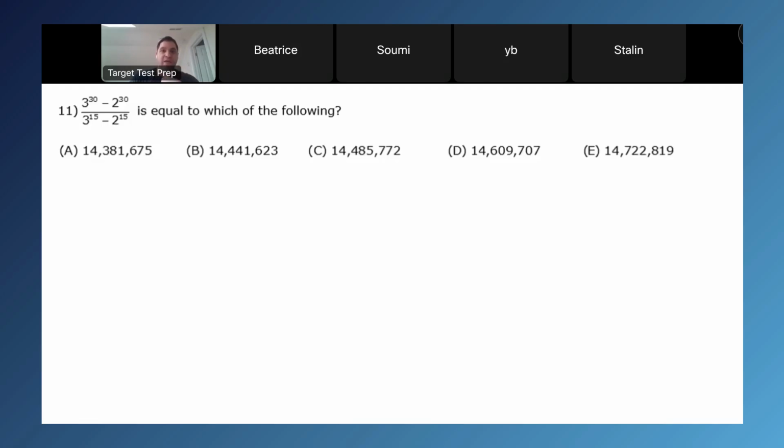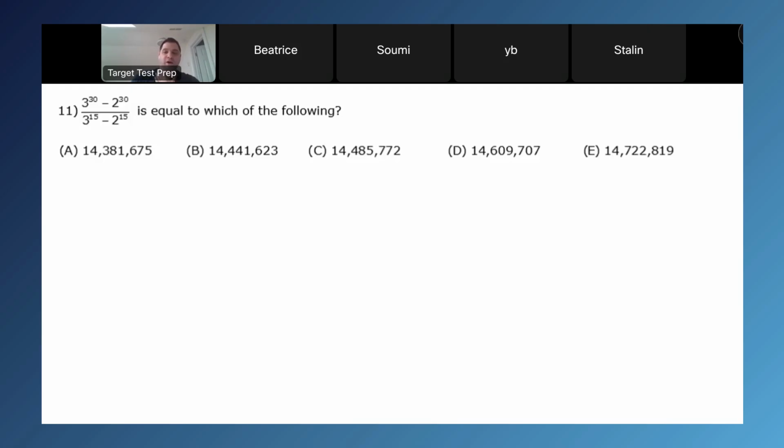You don't, right? Because there's no calculator on this section. So what you're going to eventually have to do is deal with difference of squares, or excuse me, unit digit patterns, but this is unit digit patterns plus difference of squares.